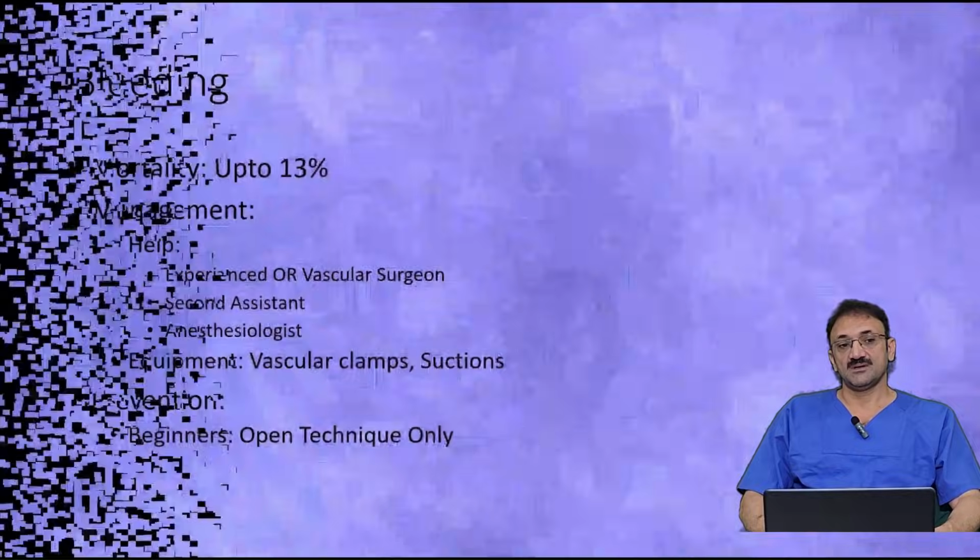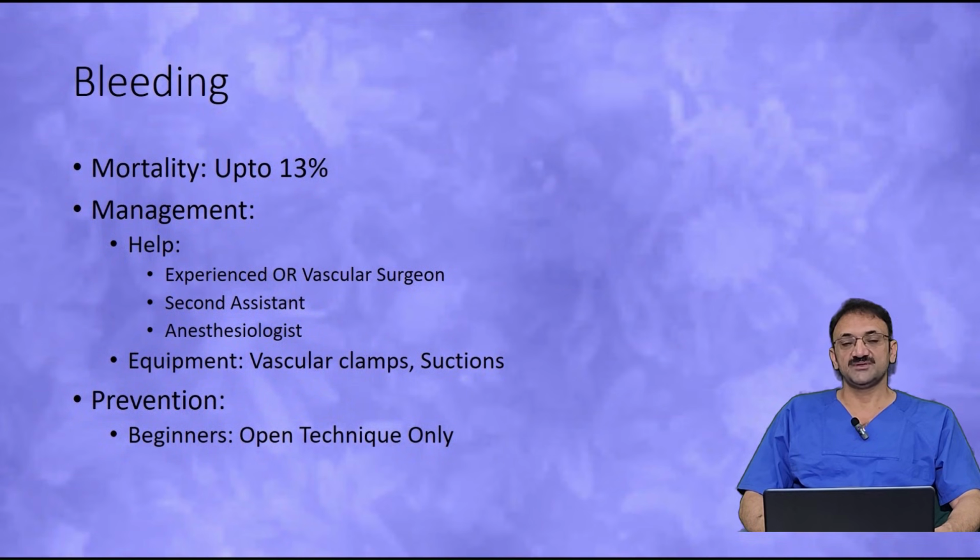Bleeding is one of the most dreadful complications of laparoscopic surgery. The mortality of bleeding can reach up to 13%. So imagine if you prevent this bleeding from occurring, you will be preventing a 13% mortality. If it is not controlled, it can lead to a disaster.